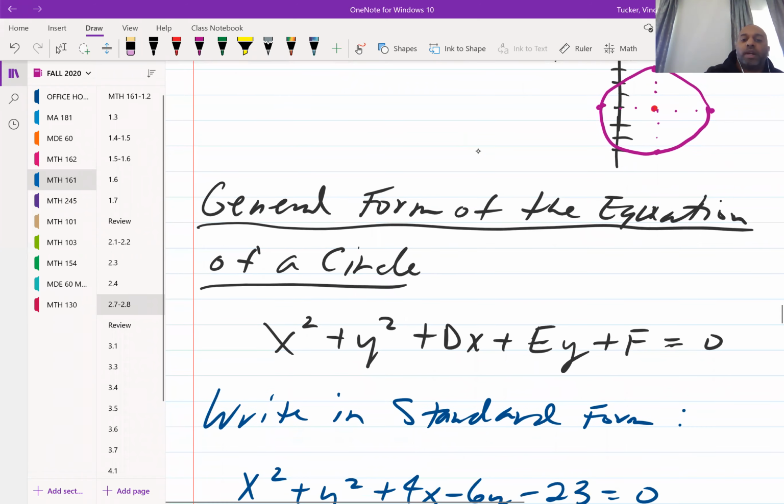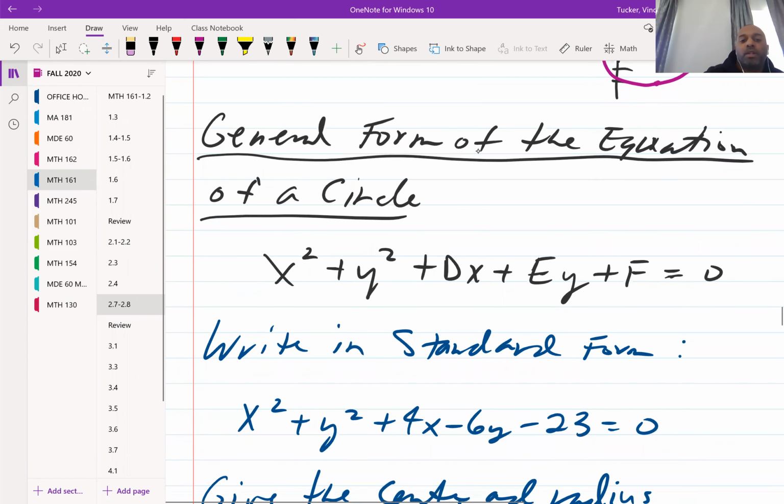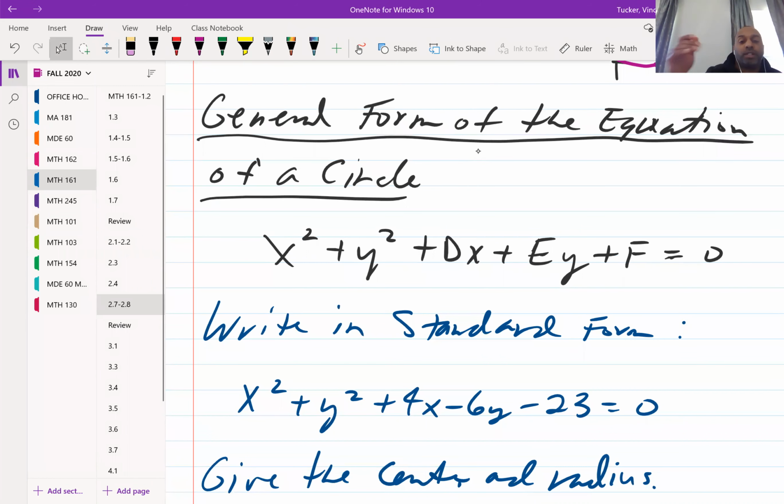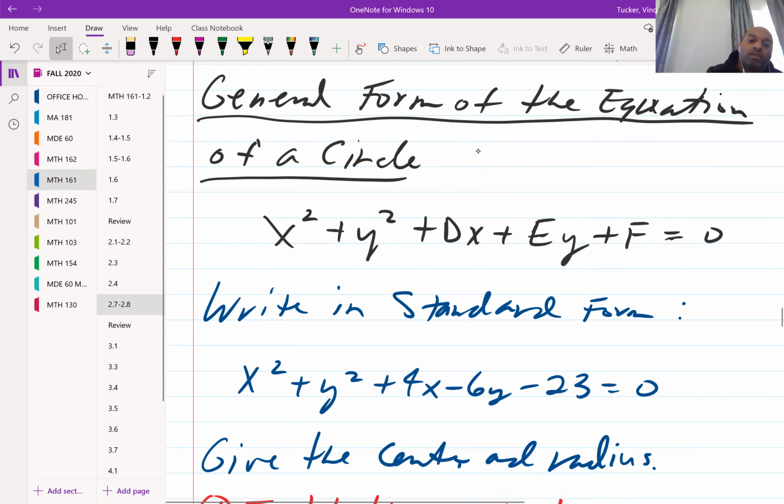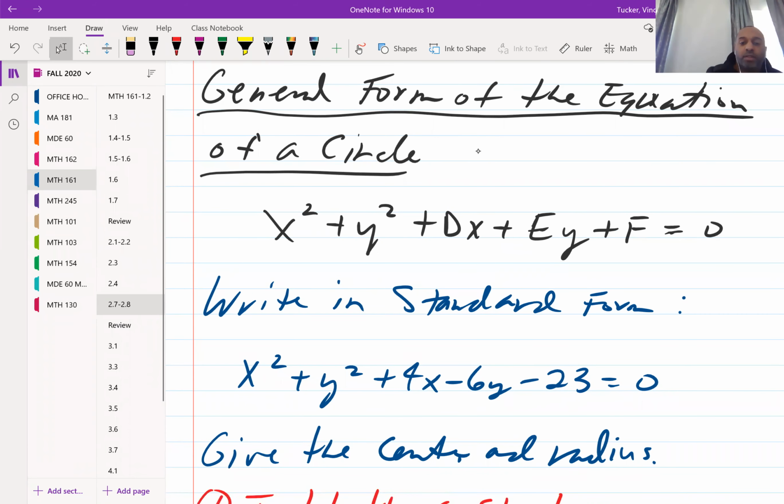So what's going to happen is that they're going to give us the equation in general form and ask us to write it in standard form. So once we write it in standard form, we can pick out the center and the radius in both cases.